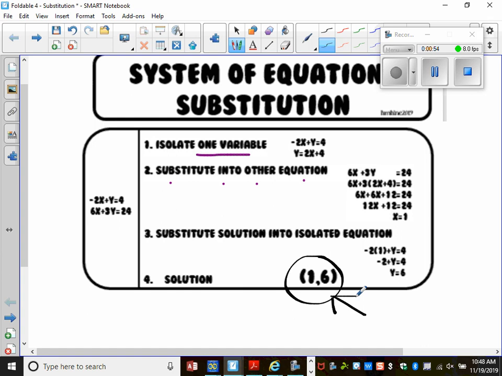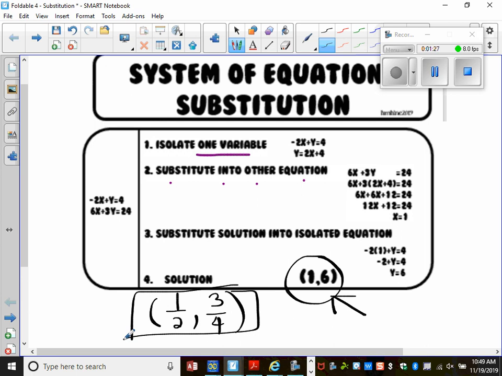Now, what is the advantage of doing the graphing method versus the substitution method? On the graphing method, you can only really read integers, like whole numbers. With substitution, you can end up with a coordinate that looks like 1/2 and 3/4. If you were graphing, you could not read this from a graph, because you might say it looks like 1/2 to me, and somebody else might say it looks like 1/3 to me.